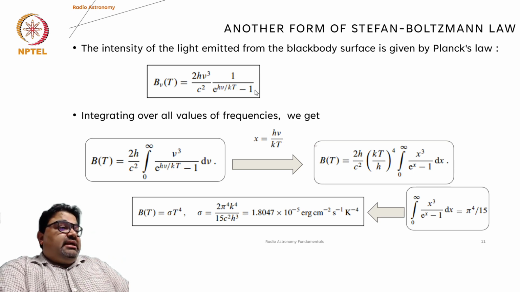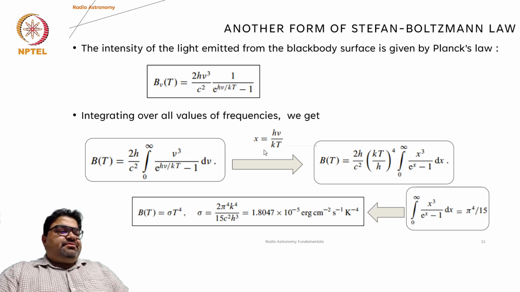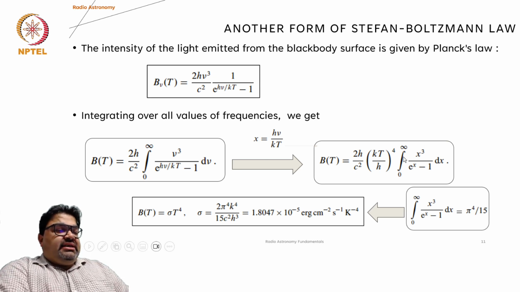So if you integrate over all values of frequency, you essentially end up with this integral. You replace hν over kT by x by substitution, and then you essentially end up with the integral of x cube over e to the power x minus 1 from 0 to infinity, which comes out to be π⁴ over 15.